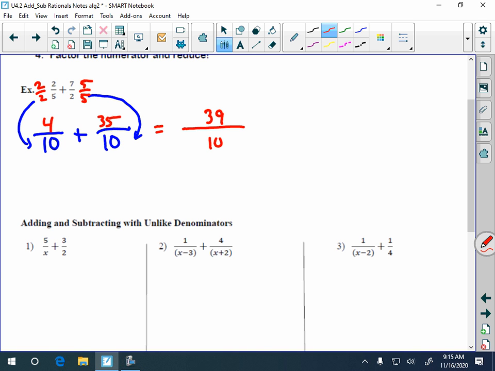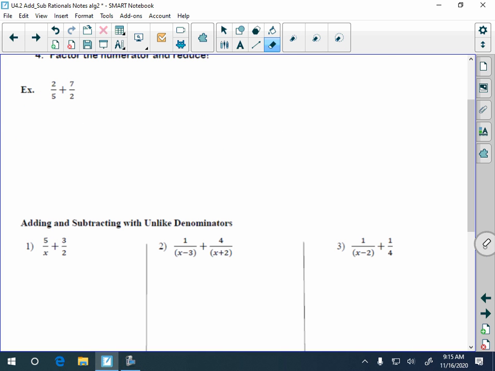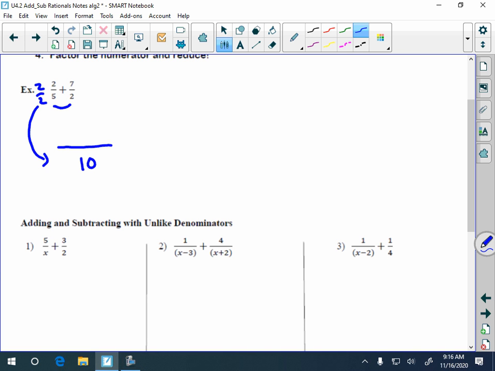So what I'm going to do now is show you where you can skip that middle step. Okay, we're going to do the exact same work, it's just a little bit less writing. That's all. All right, so again, figure out what your lowest common denominator is. So in this case, it's 10. Figure out what you have to multiply the first fraction by. Again, it's going to be 2. So 2 over 2. We multiply, we get 4. We bring that addition sign down.